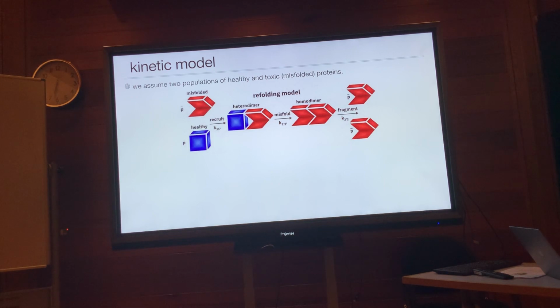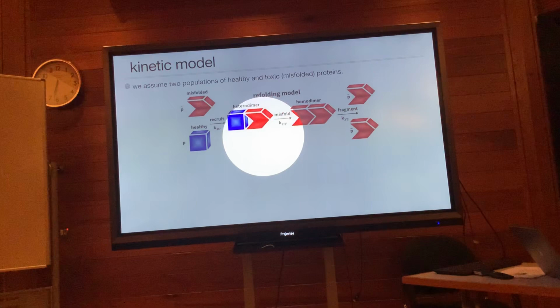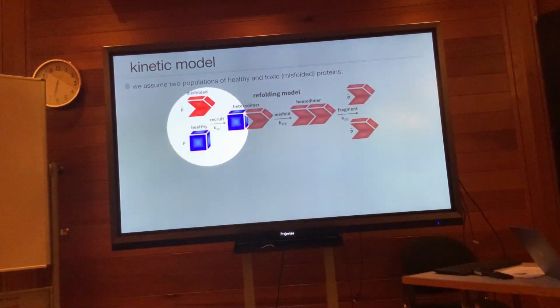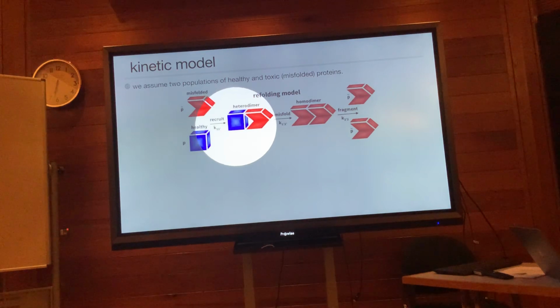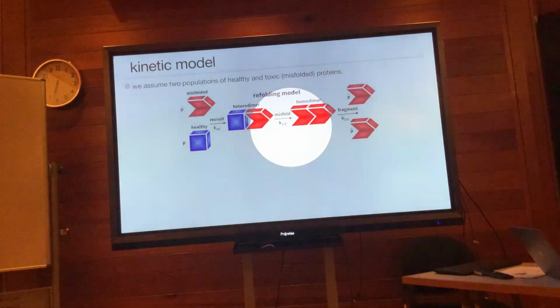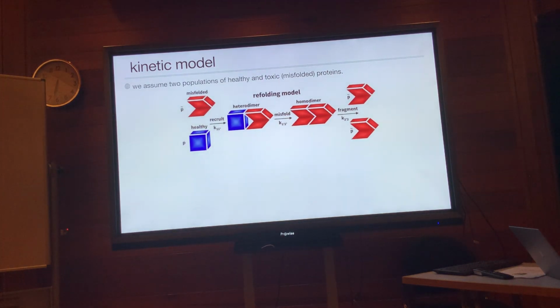So again, the basic kinetic model, one of the simplest ones, we have different ones with different types of resolution, is that you have a healthy protein in blue, and then you have a misfolded one in red. They meet, and the red one converts the blue one into 2 red ones. And then they fragment, and now you have 2 red ones, and they start doing the same. So if you think about that, it's one big step.